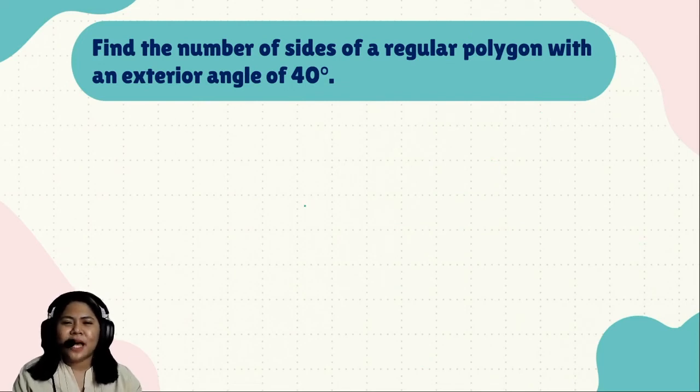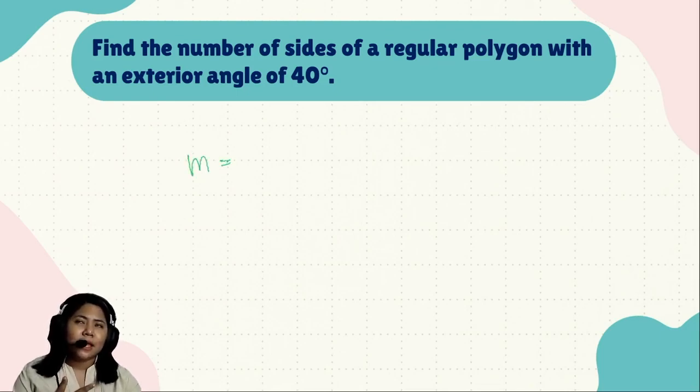Find the number of sides of a regular polygon with an exterior angle of 40 degrees. So, kanina pinag-aralan natin na kapag kumukuha tayo or alam natin na ang exterior angle, ang sum ng exterior angle of any regular polygon is always 360 degrees.